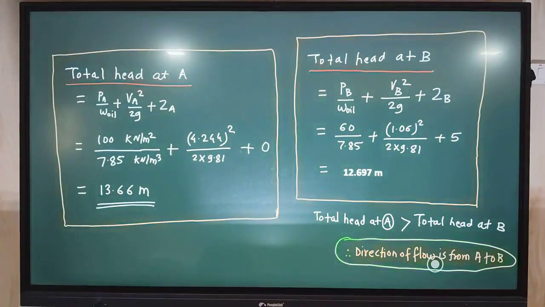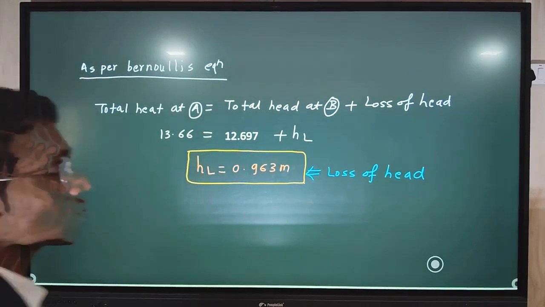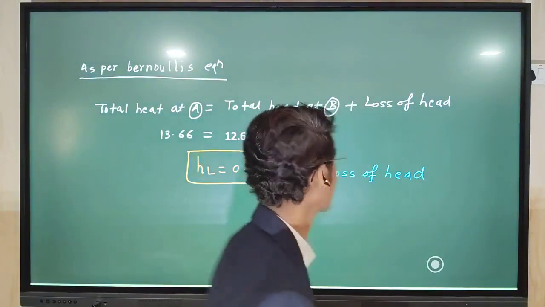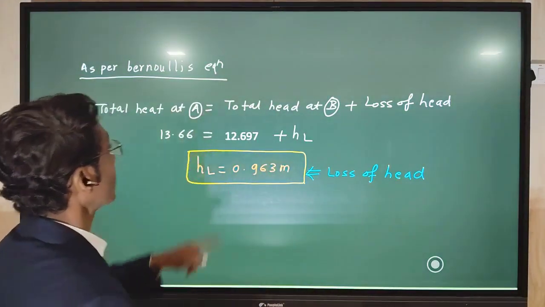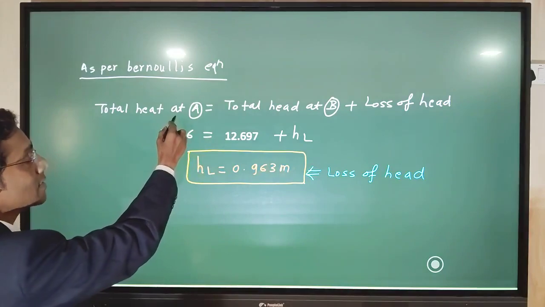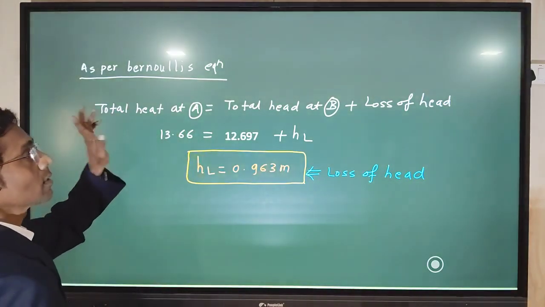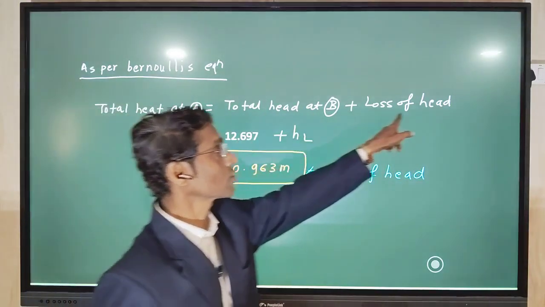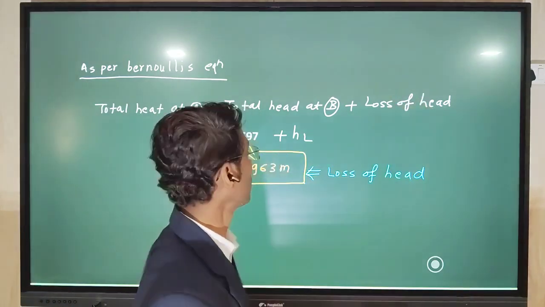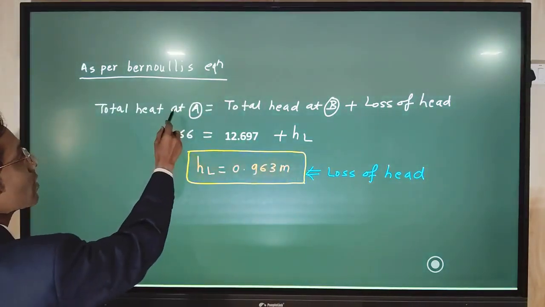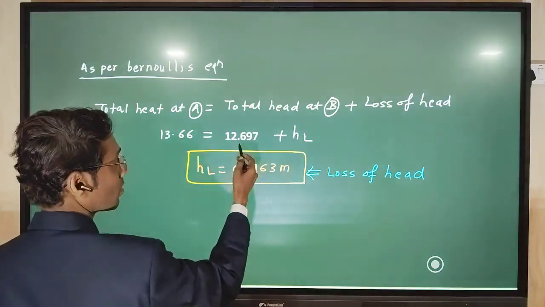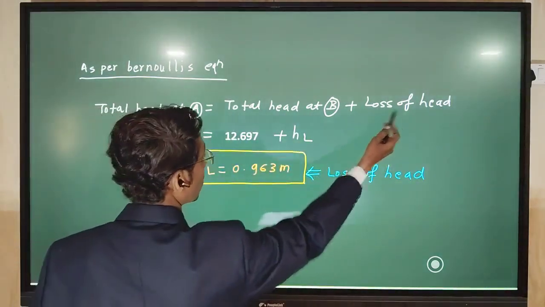Now the next part is to find the loss of head. To find the loss of head occurring between the two sections, we write Bernoulli's equation in this way: total head at A, means summation of all heads, pressure head, velocity head and elevation or datum head, is equal to total head at B plus loss of head between section A and B. Now we have already calculated total head at A that we use here, total head at B we use here, plus HL means loss of head.